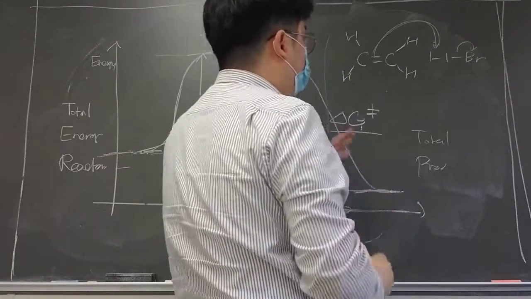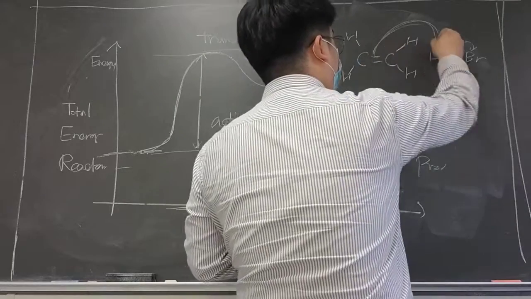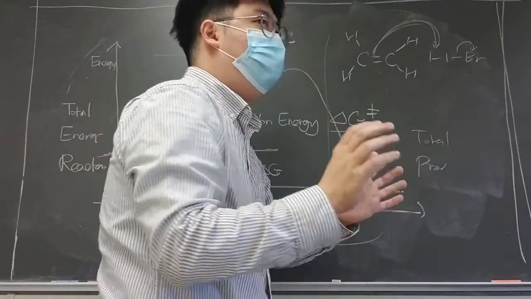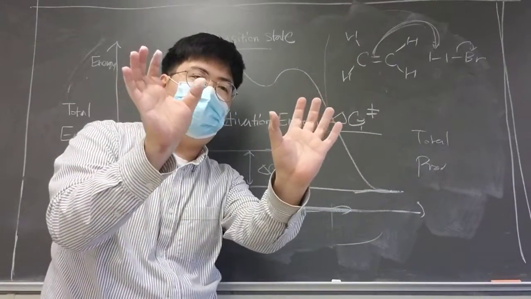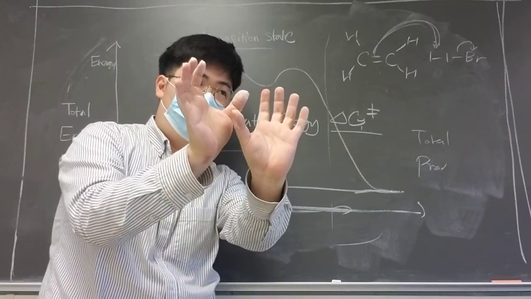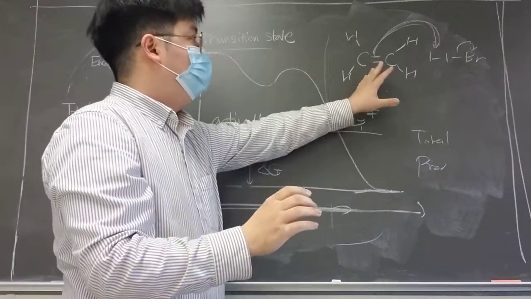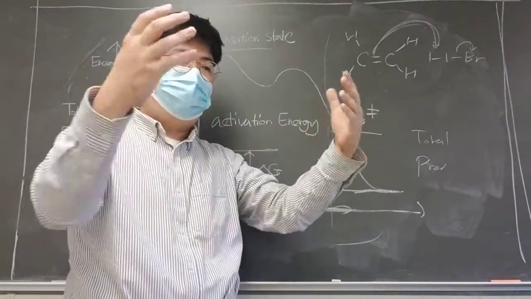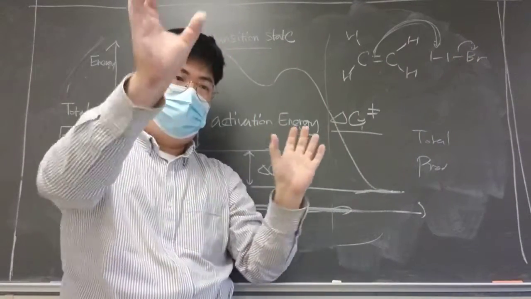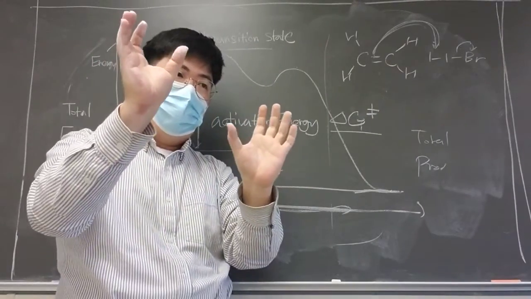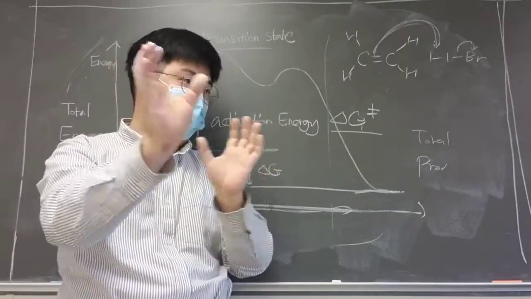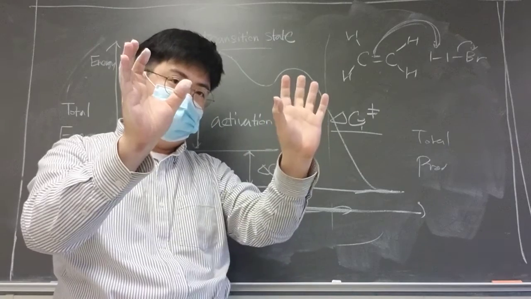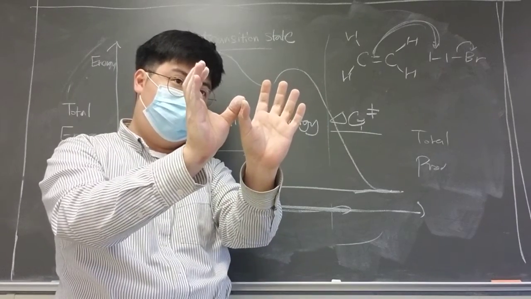I'm showing you an arrow here and here, but technically speaking, they're colliding with each other. So whenever you have ethylene where these hydrobromic acid molecules are mixed, they're actually moving. They're moving so fast and continuously, and some molecules will collide with each other.